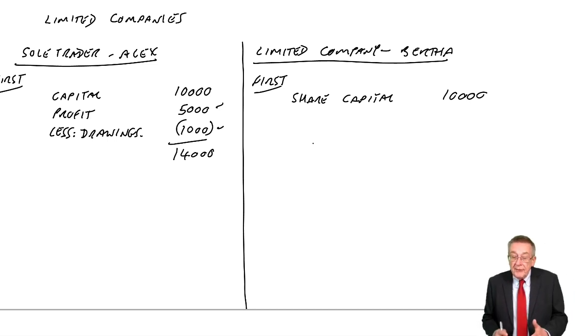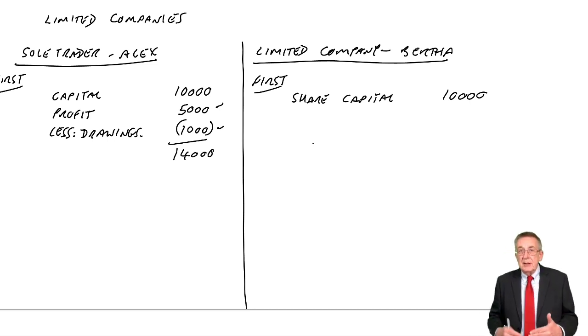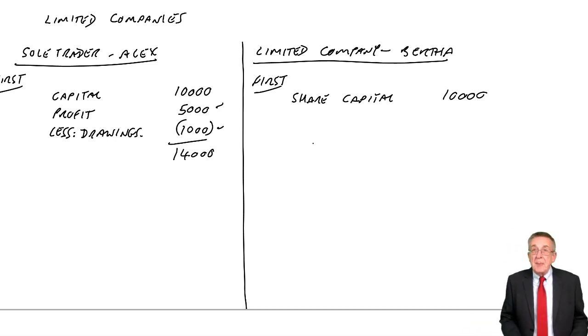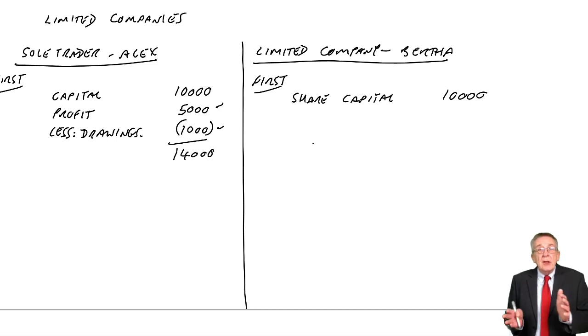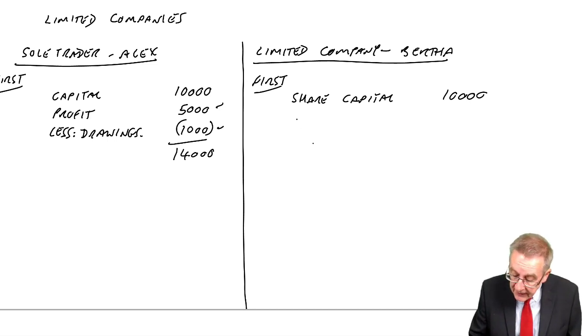Well, we show as one figure the amount of profit that's been kept within the business. And so the profit was 5,000, 1,000's been paid out to the owners as dividend. The remaining 4,000 has been kept or retained in the business. We have retained earnings.